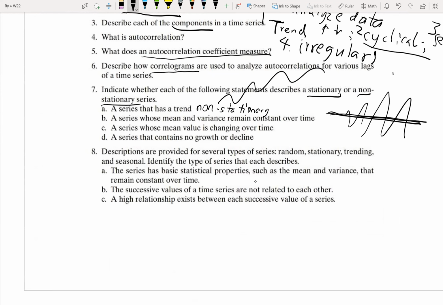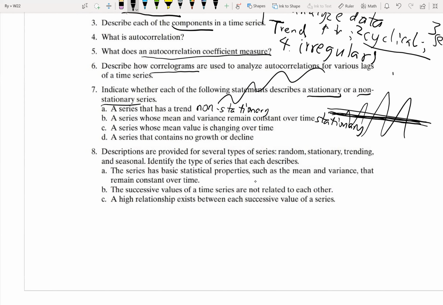Okay. B, a series whose mean and variance remain constant over time. You like this, remain constant over time. It is stationary. Question C, a series whose mean is changing over time.